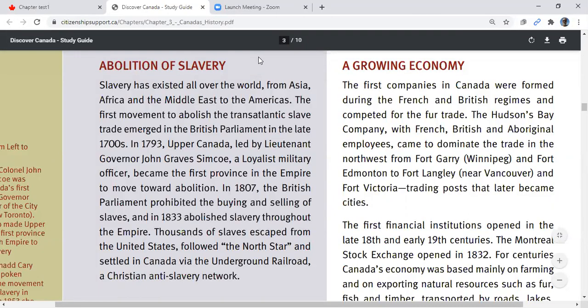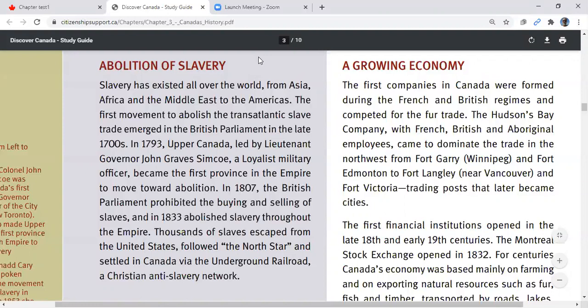That's a pretty important thing, because all over the world there were places where they had slavery, but the first place to stop it was in Ontario, and so they moved towards stopping it, the abolition of slavery, in 1793. Slavery is obviously a terrible thing, but the fact that they stopped it here first in the world is a good thing.